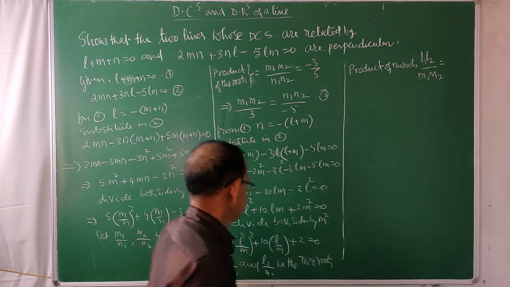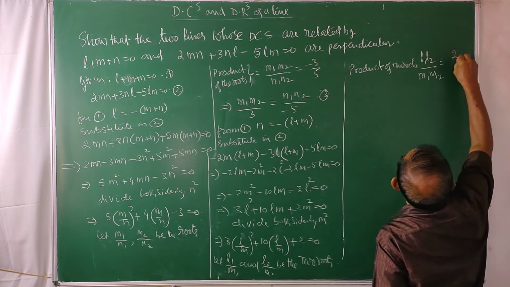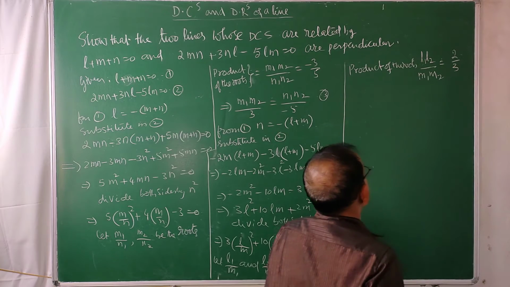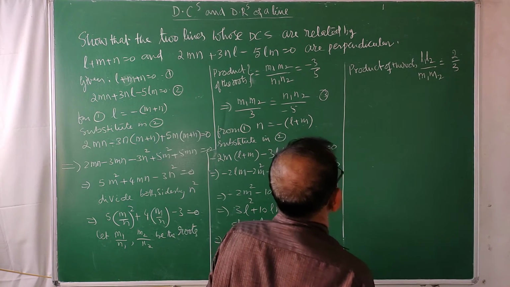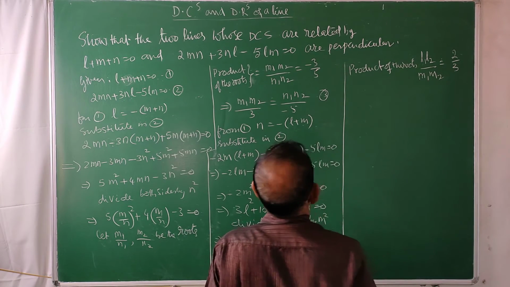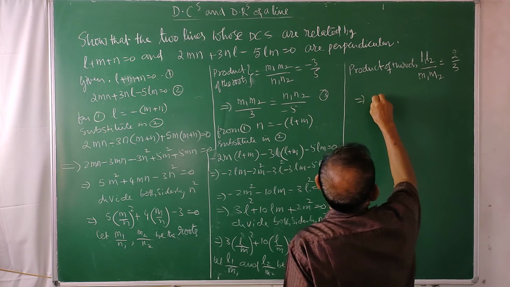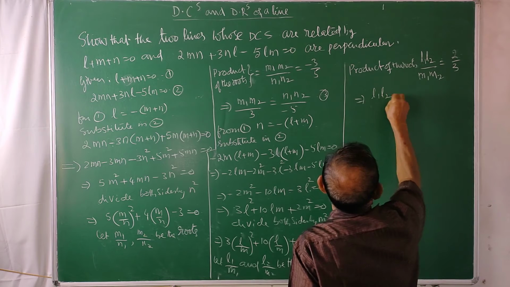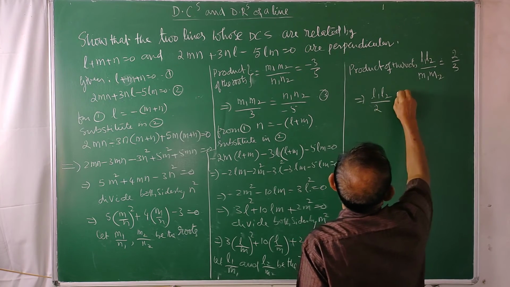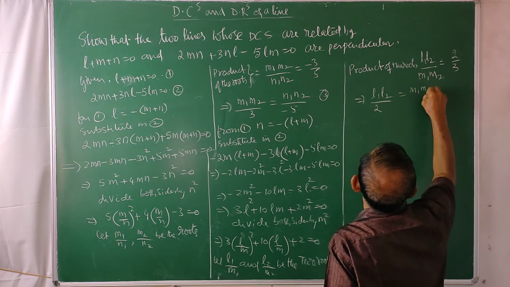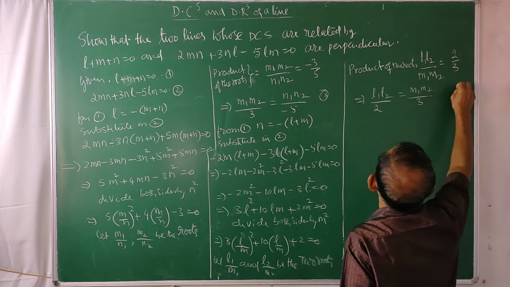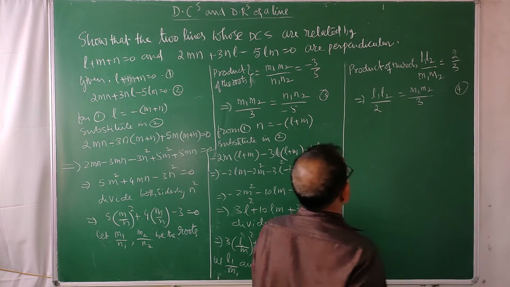So 2 by 3. Now, interchange these two, that implies L1 L2 by 2 is equal to M1 M2 by 3. Take this as the fourth one.